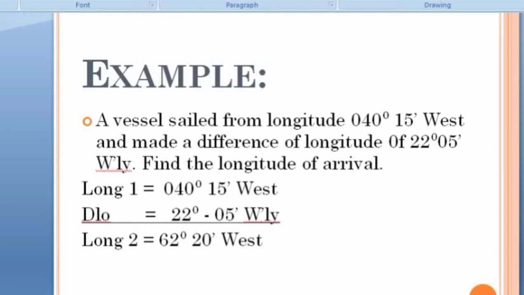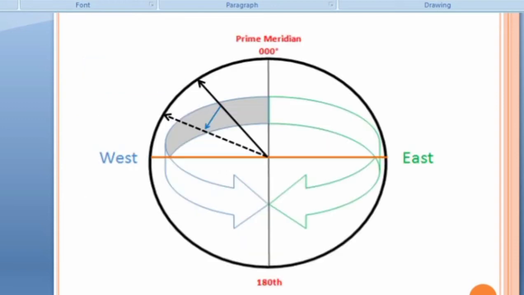So why did we add the difference of longitude? That is because we have westerly direction and we are on the west side, right? To further understand it, we have the illustration.